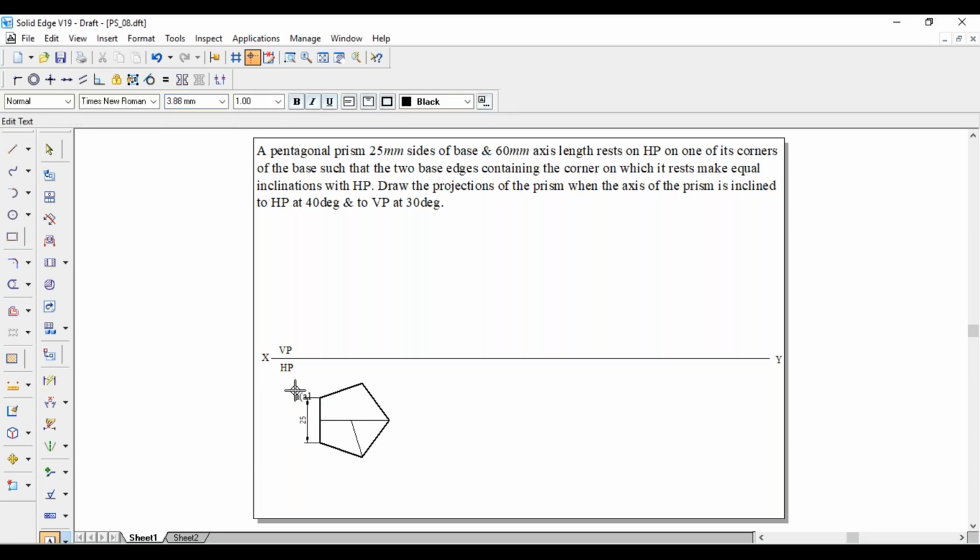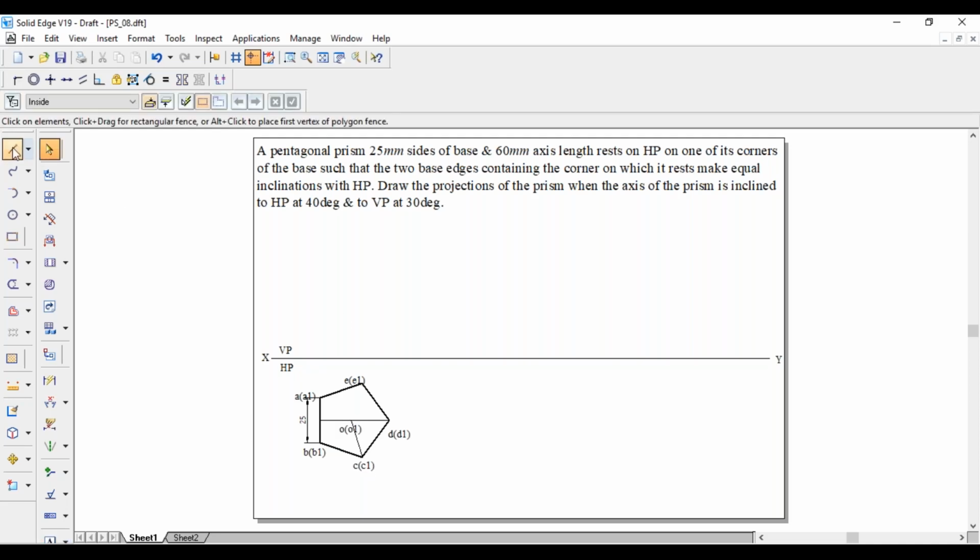A in the bracket A1, B in the bracket B1, C in the bracket C1, D in the bracket D1, E in the bracket E1, and O in the bracket O1. Now project the points to the XY line.